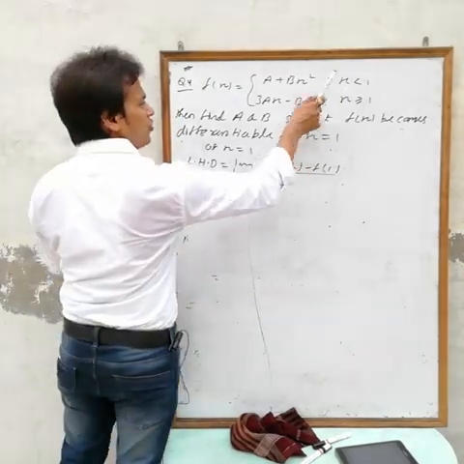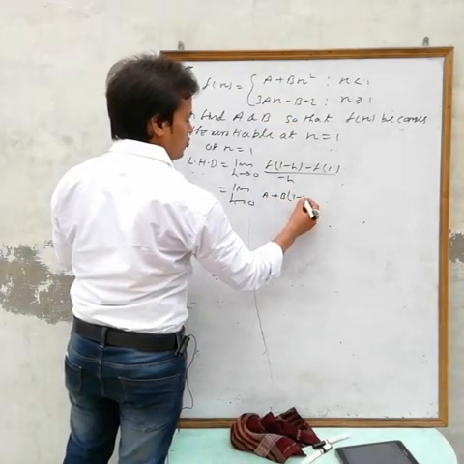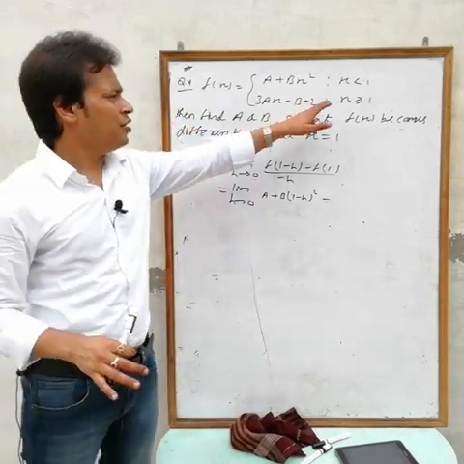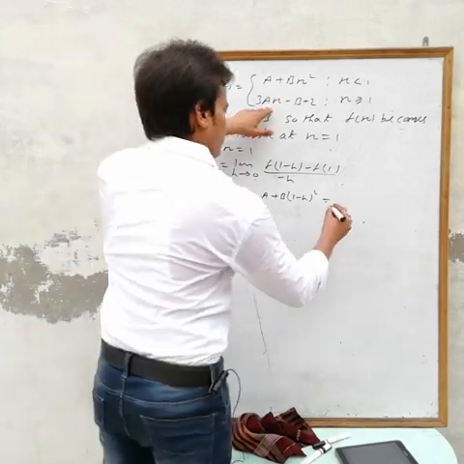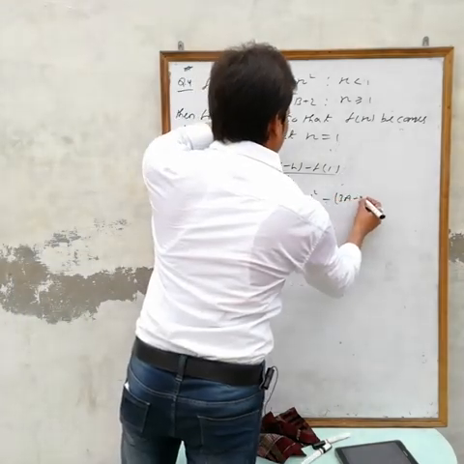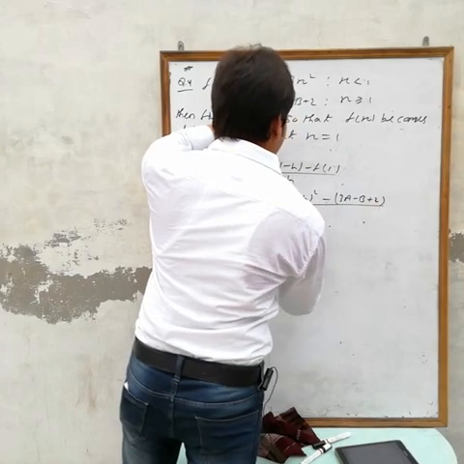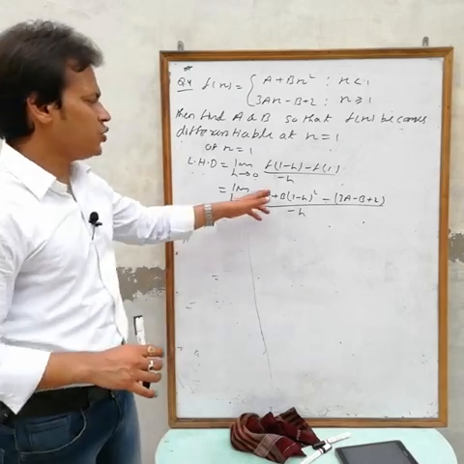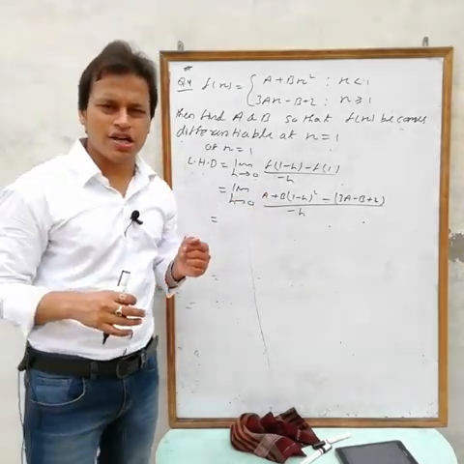So from this one put in a plus b(1 minus h) square minus f(1). In this one put x equals to 1, what we are getting: 3a minus b plus 2 by minus h. Okay, now first arrange this one in terms of constant term and terms of h square.